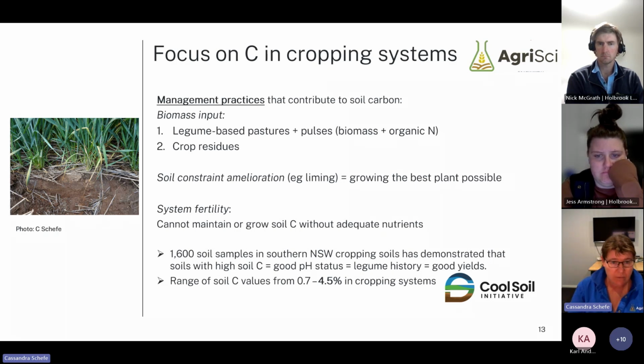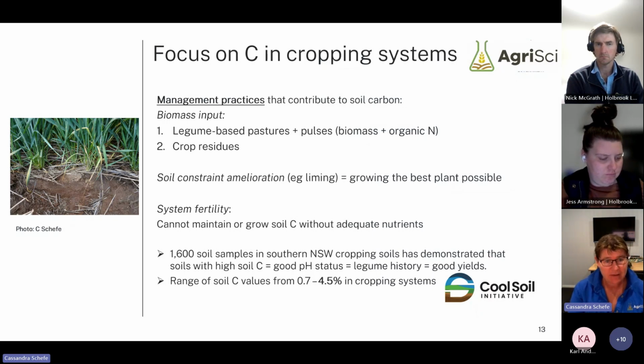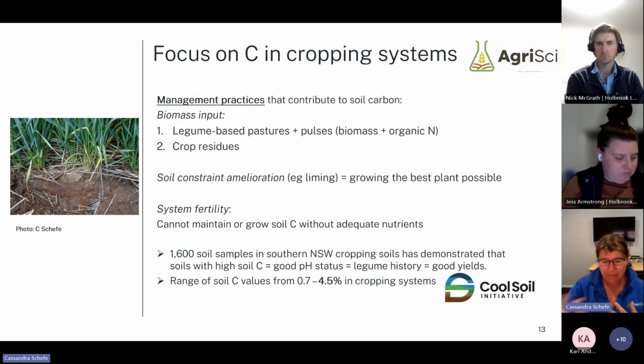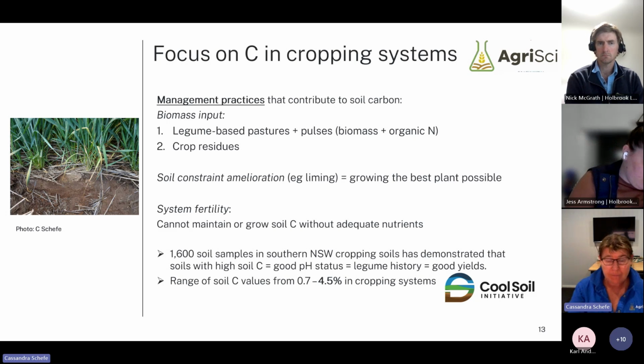Crop residues, we know, are also key. There's been a lot of work, a lot of discussion around the fact that we've been doing everything right with crop residues over a long time, but we haven't been increasing our soil carbon values. And the confusion is, I'm retaining my stubbles, I'm doing everything right, what's going on? What we know is that we've increased our yields in these systems probably by double over the last 40 years.